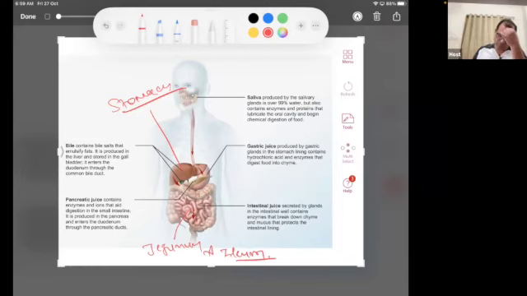Right? After the stomach, there is the duodenum, then the jejunum and ileum. Sorry, this is the stomach. This is the stomach, right? ये हमारा stomach है. Jejunum and ileum play a very important role for absorption. Absorption.